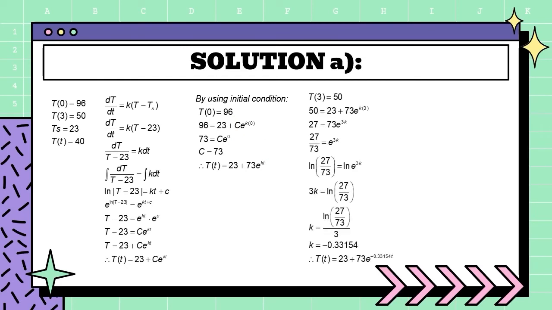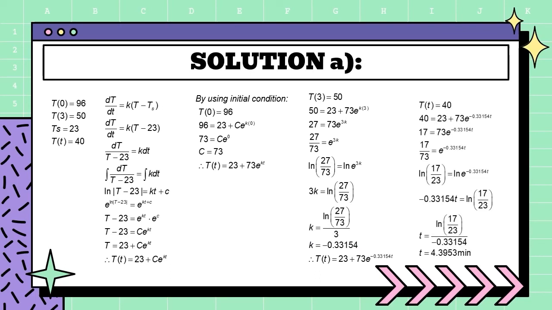Next, we can find the value for k by substituting T3 equal to 50 in the latest equation. Calculate, then we get k equal to negative 0.33154. Substituting in the equation, we get T(t) equal to 23 plus 73 e to the power of negative 0.33154t.